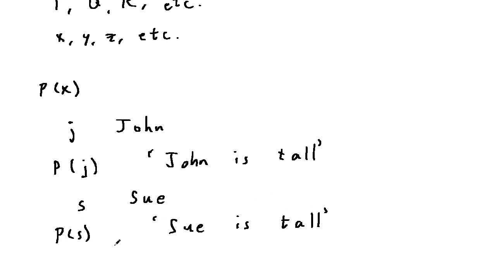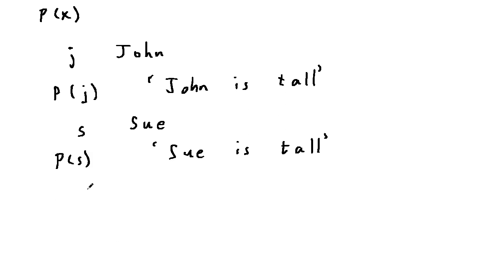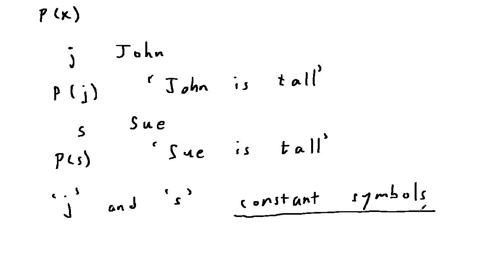The symbols J and S are called constant symbols, and we can think of them as names for objects. In predicate calculus, we have a set of constant symbols, a, b, c, etc.